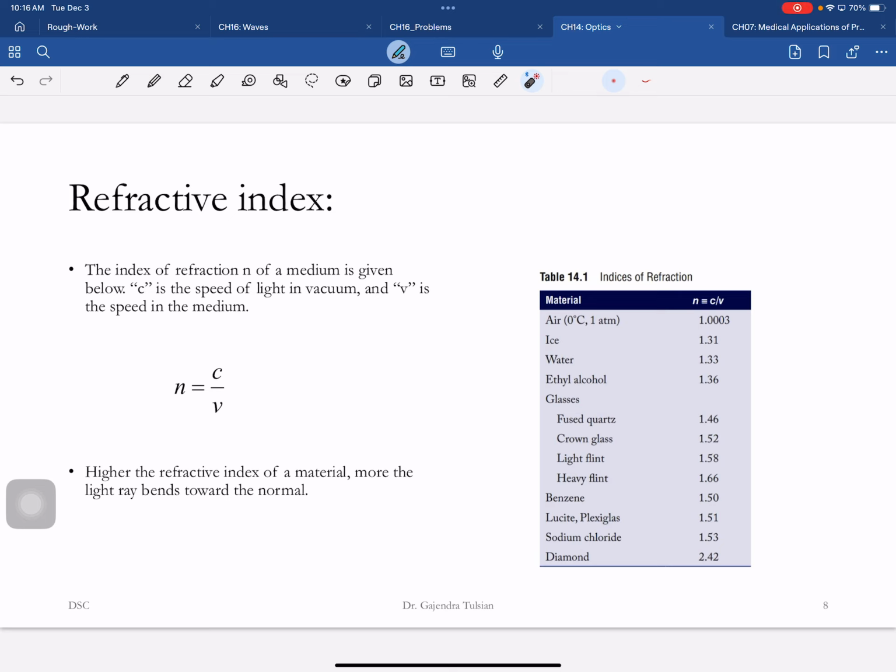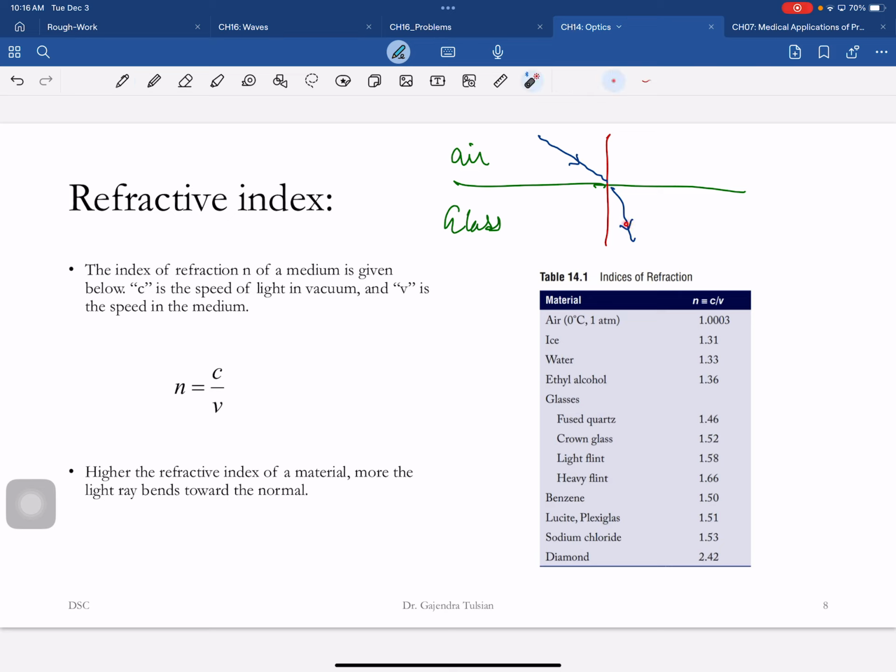Okay, so again, this is glass and this is air. So there's the normal, and a light beam entering from air bends in glass.